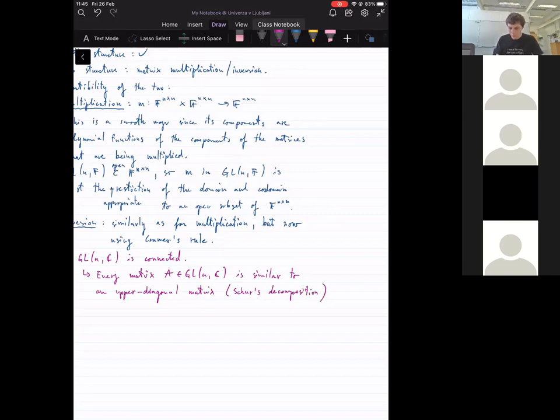Now the upper triangular matrices are path connected to the identity.